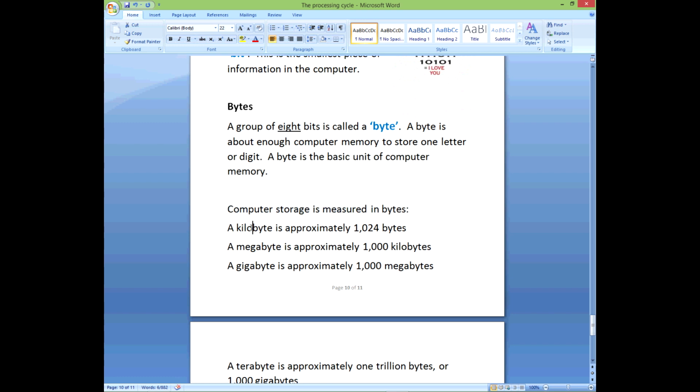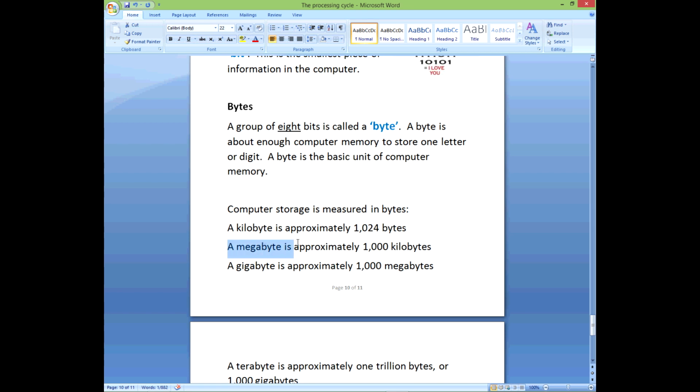Kilo is a Greek word, meaning 1,000. So a kilogram is 1,000 grams. A kilometer is 1,000 meters. A kilobyte is approximately 1,024 bytes. Approximately. A mega, there's that mega word again.